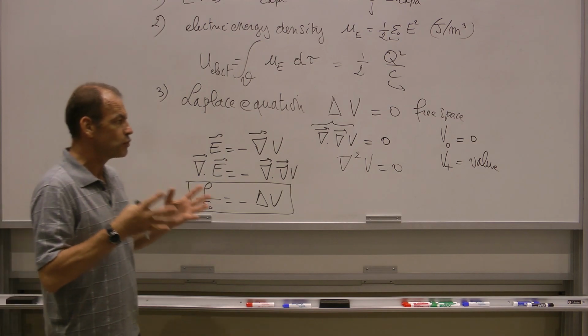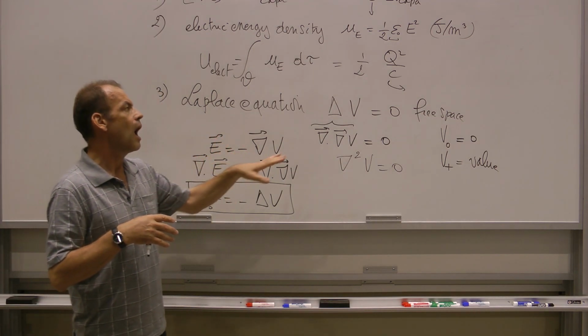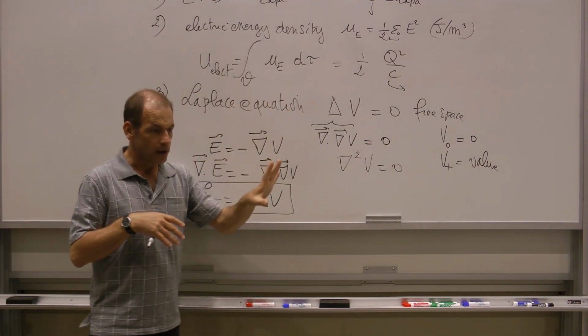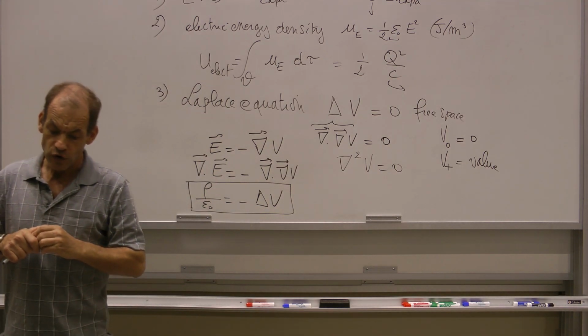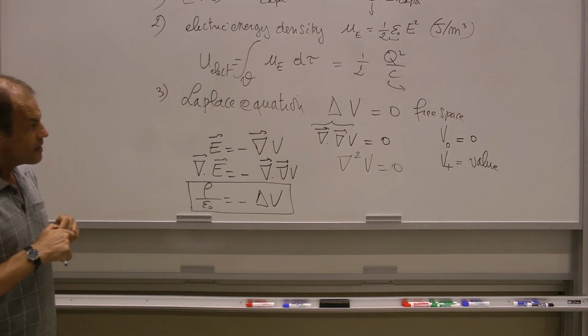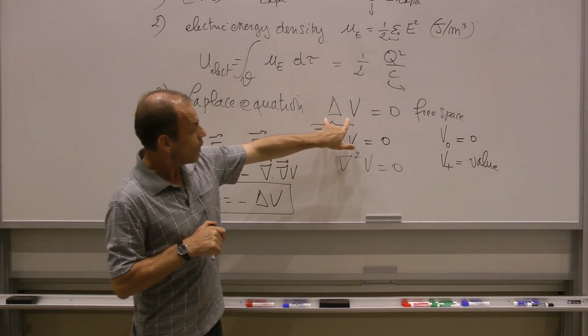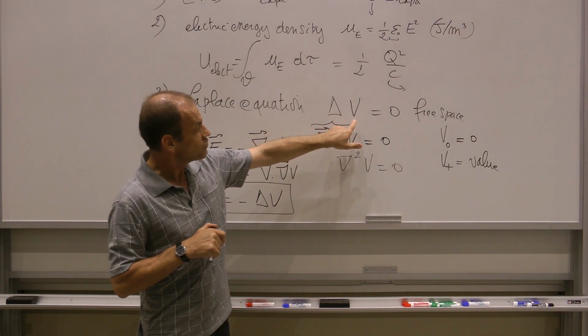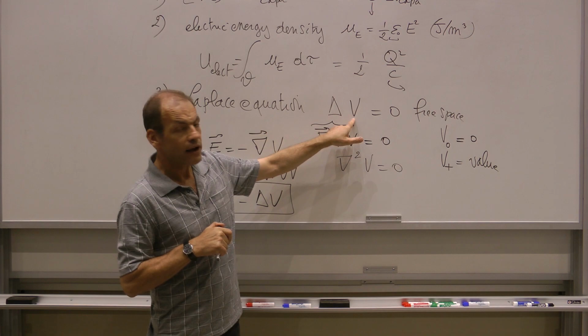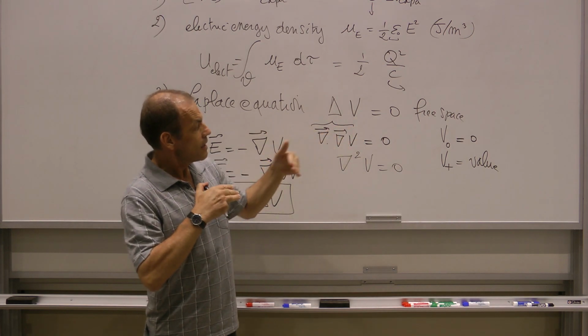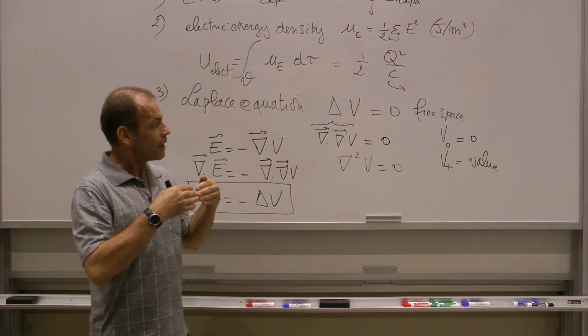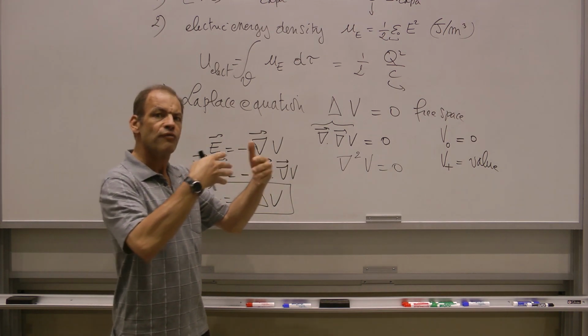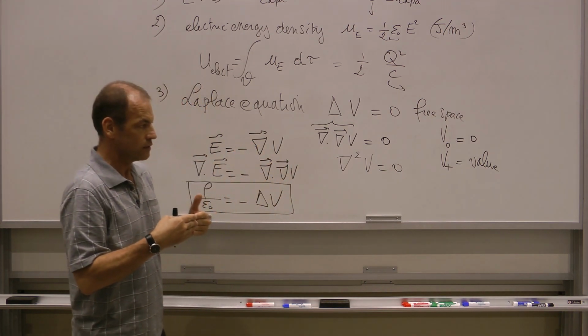So even if you're in computer science, don't walk away and say, oh, I'm never going to use that. Well, that's a bad attitude to have. You will encounter it, because this describes the rate at which the average value of V is away from the value of V at that location.